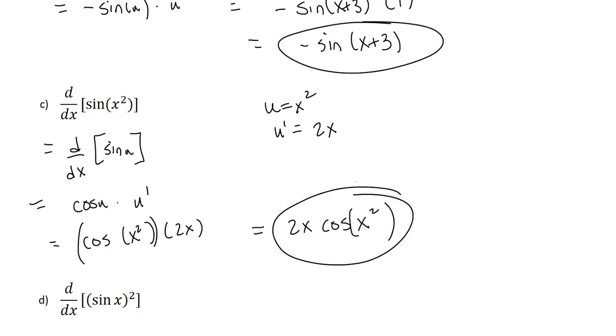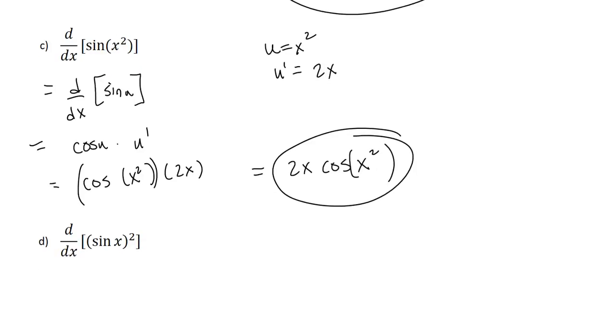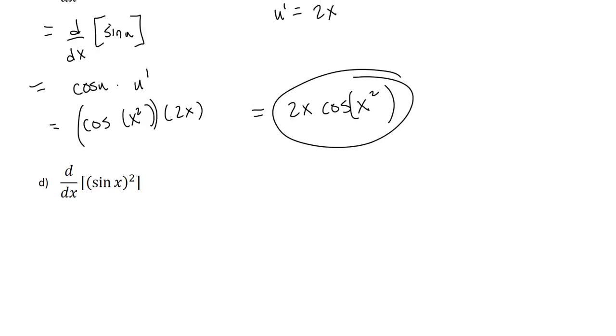Now let's contrast that with the next problem. The derivative with respect to x of sine of x quantity squared. So in this case, the bigger picture is that something is being squared. This is actually not a generalized trig rule, this is a generalized power rule. So this is actually the derivative with respect to x of u squared, where u equals sine of x, and u prime is cosine of x.